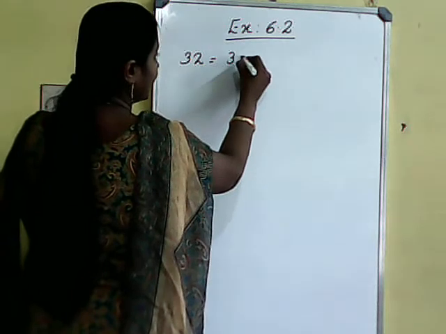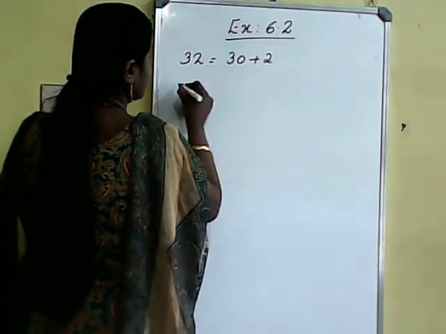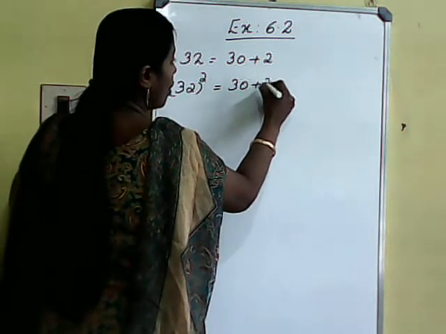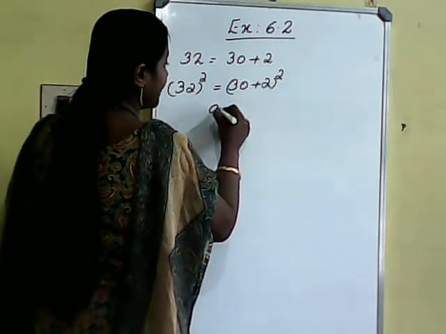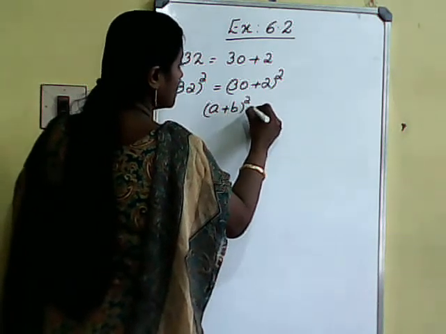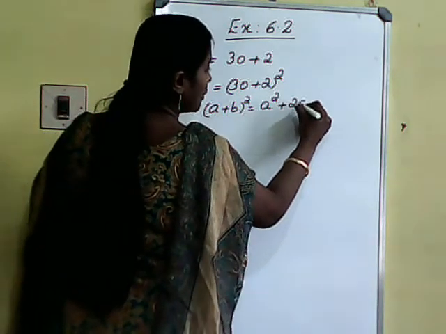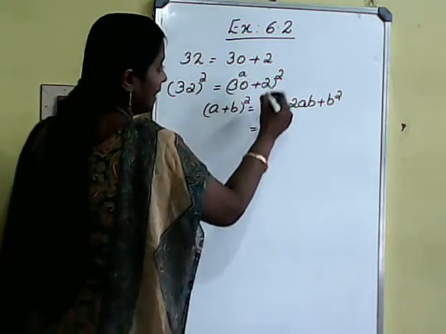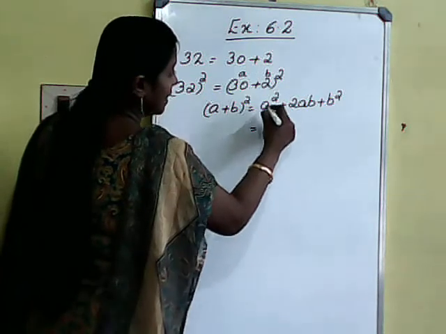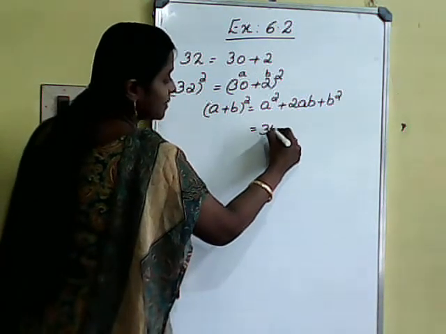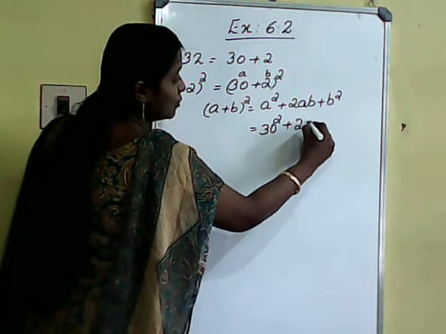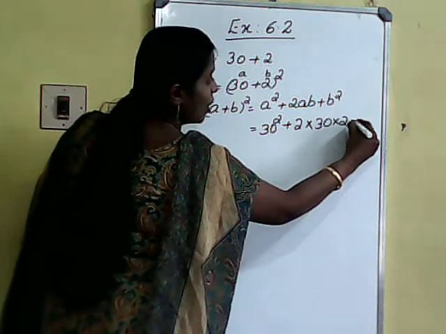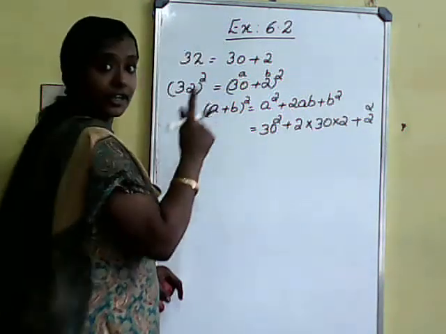We take 30 plus 2 and take their squares. 32 square means 30 plus 2 whole square, which is in the form of an identity. (a plus b) whole square is equal to a square plus 2ab plus b square. Okay, here what is a? 30. b is 2. Then a square is 30 square, plus 2 into a, that is 30, into b, that is 2, plus b square, which is 2 square.